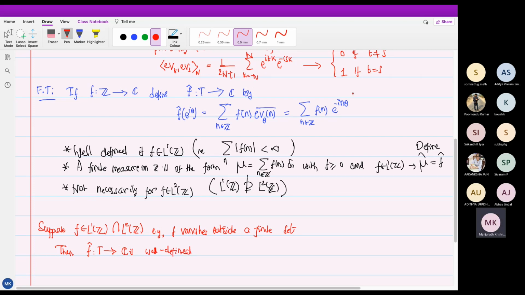Because it's in L1, so we can define this.